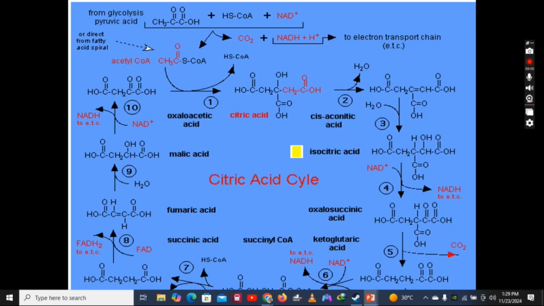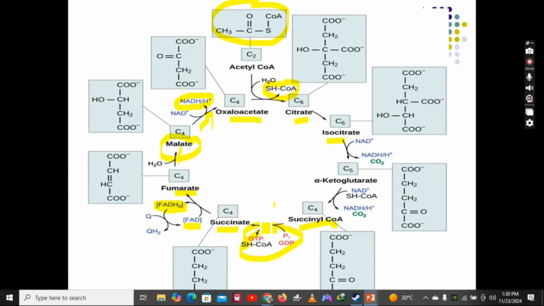That's all about this process, which is the tricarboxylic acid cycle or the TCA cycle. This is just the same as the other diagram, but here instead of oxalosuccinate, it's using citric acid, but it's the same as what I've talked about.